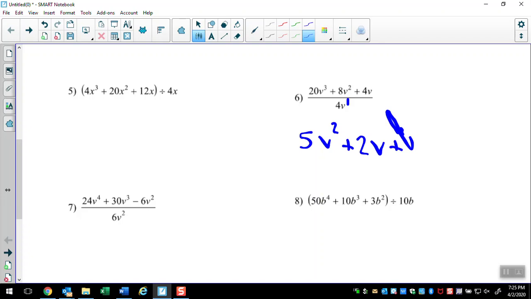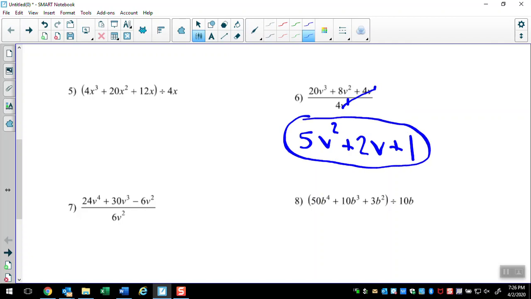Whoops, hold on, let me fix that. So 4 divided by 4 is 1. And then v divided by v, well, that's also v to the first power. So 1 minus 1 is 0. So those v's just cancel each other out. So we just have a 1 there. And then that's your final answer.